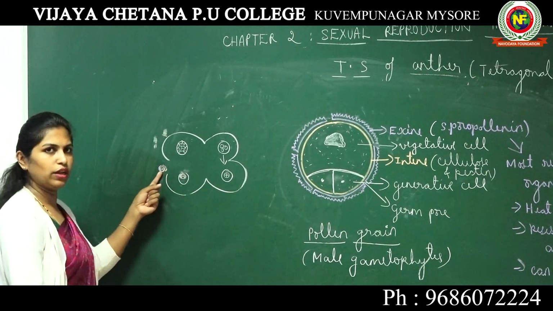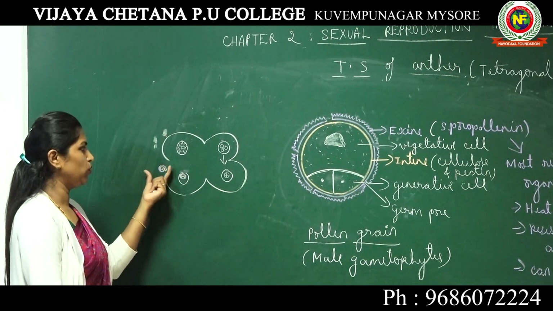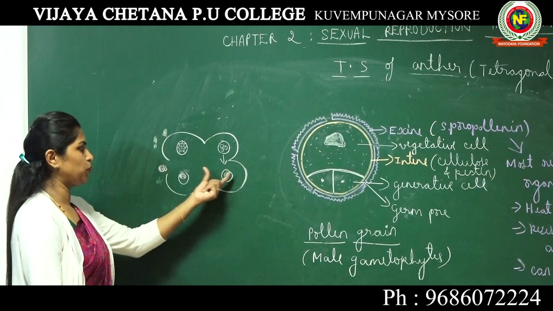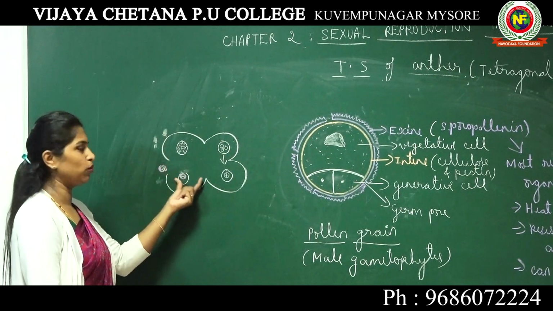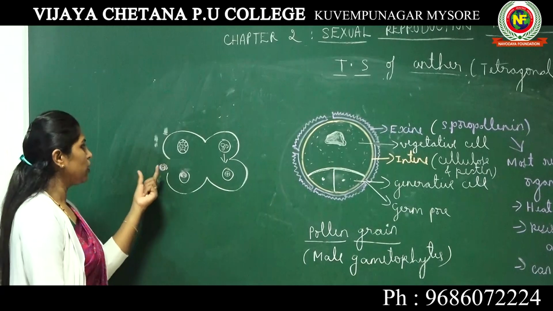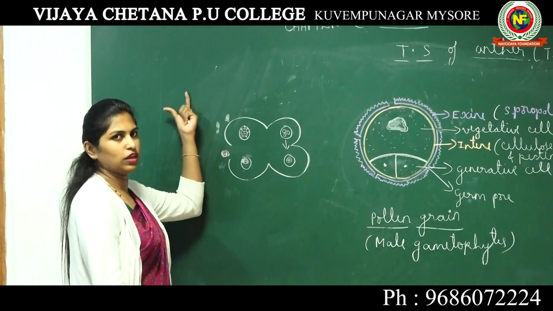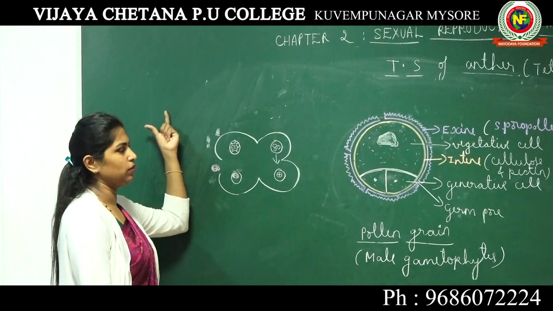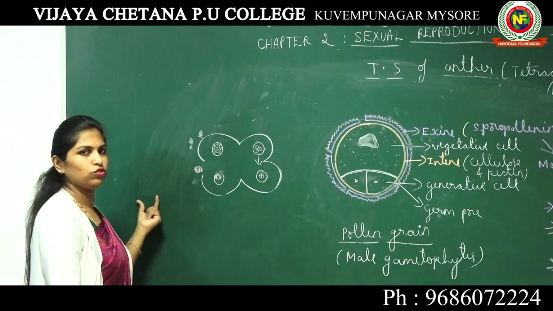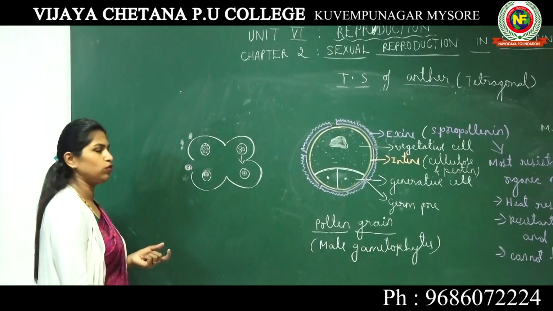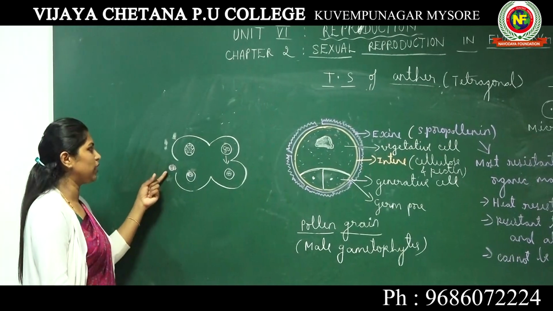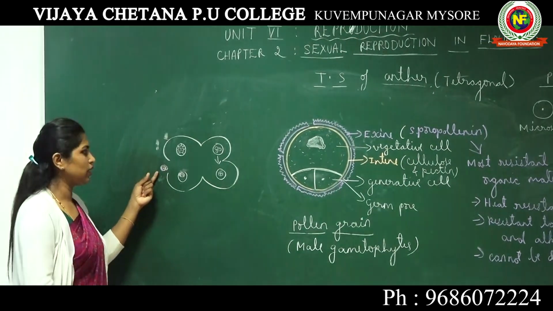I have drawn only one pollen grain here, but you should know that from each microsporangium, thousands of pollen grains are released. When these pollen grains come in contact with the stigma of the gynoecium, they form a pollen tube, and finally it will lead to fertilization, which we can study in future classes.